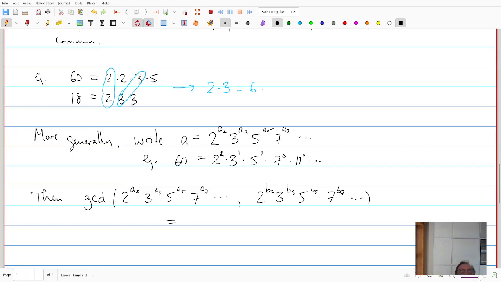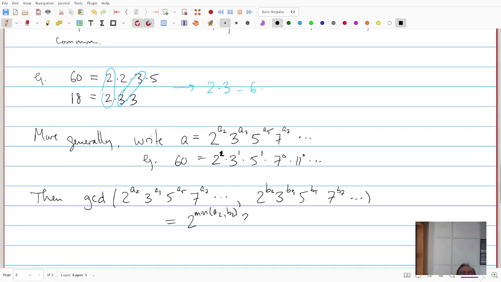So in general, I look at A2 and I look at B2 and I just take whichever one is smaller, because that's the max number of 2's that will divide both. So it's going to be 2 to the power of whatever the minimum is of A2 and B2.